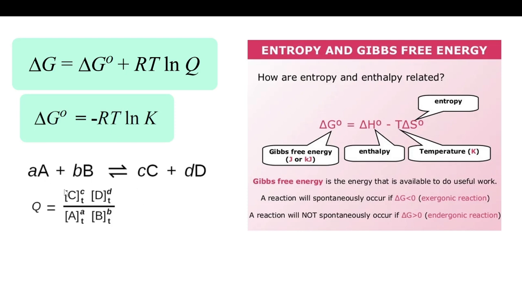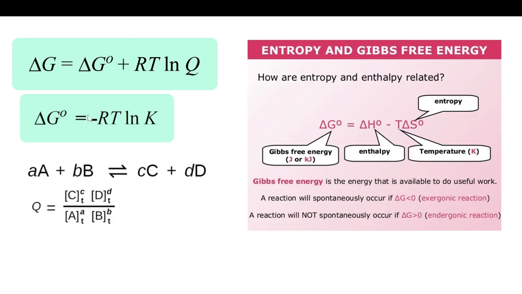Okay, so here in this reaction, you can see that the capital C is the concentration of your product, and the small c is the stoichiometric coefficient, and so it is written like this. So this Q, when it is in equilibrium, can also be represented as the K equilibrium value or the equilibrium constant. Okay, and that K equilibrium is related to the delta G naught value.